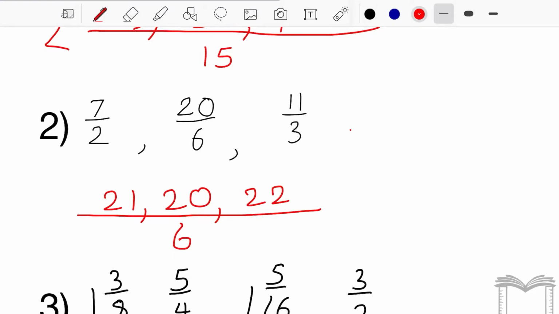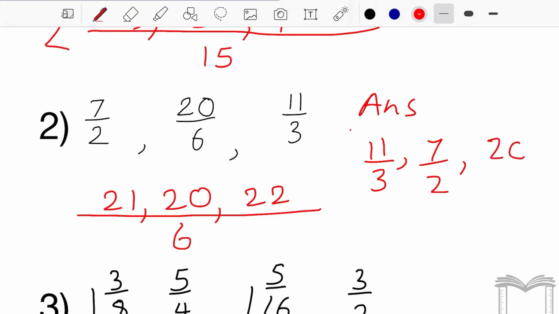So the largest number is 11 over 3. Then 7 over 2. Then 20 over 6. So that wasn't too difficult.